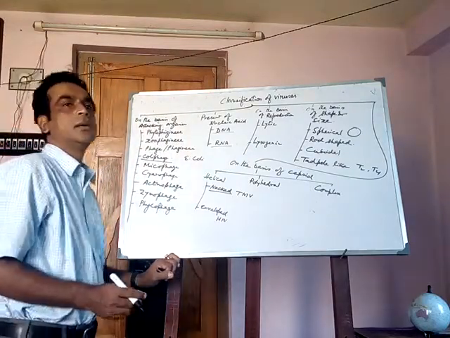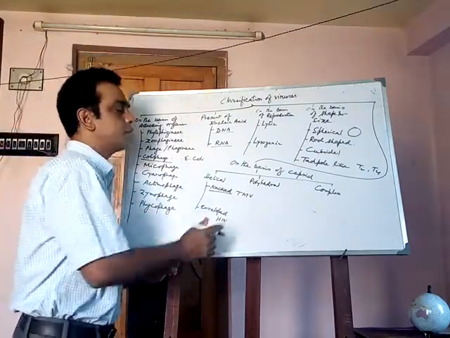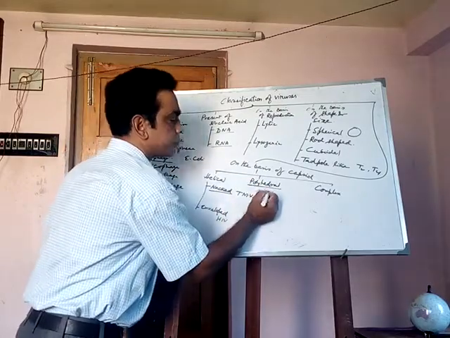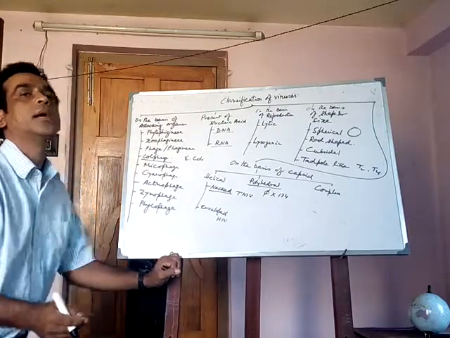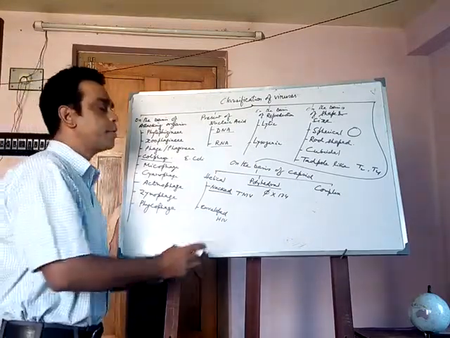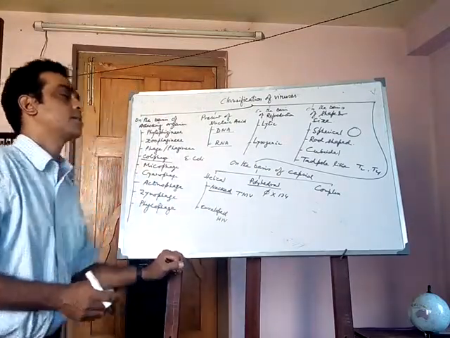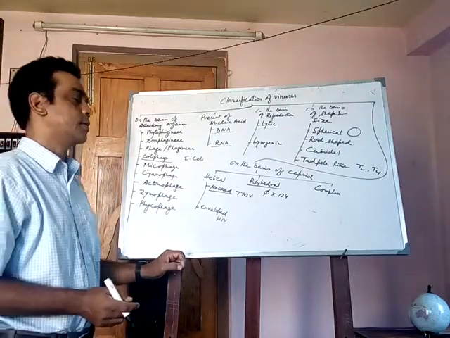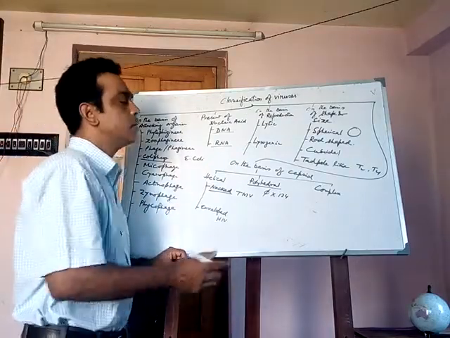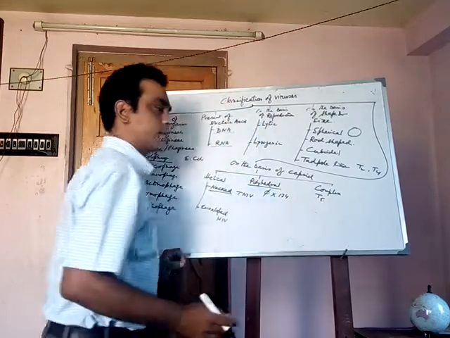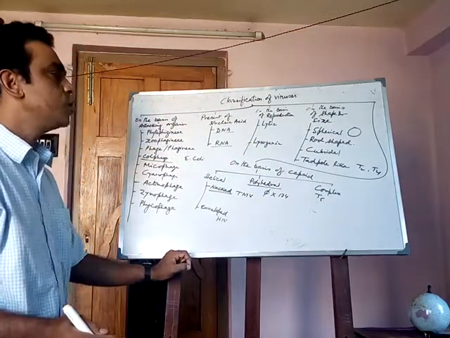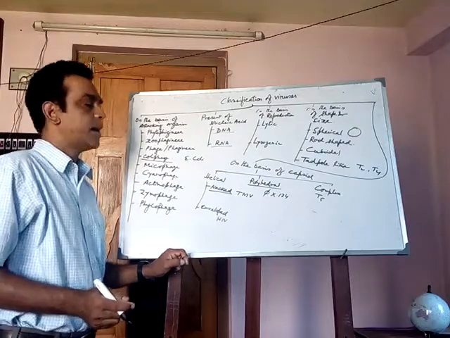Polyhedral is found in phi X174 viruses and herpes viruses also. The complex type of capsid is found in the T5 virus. So all the classes I discuss here.